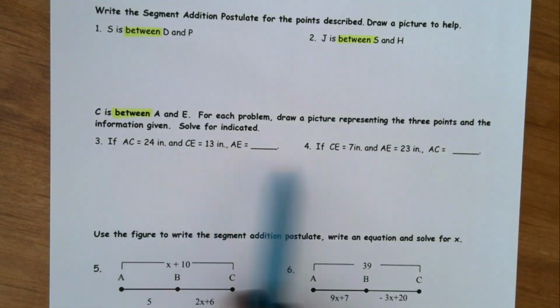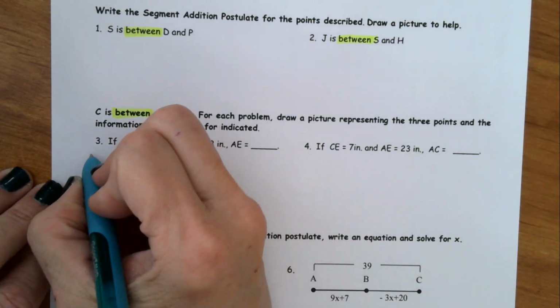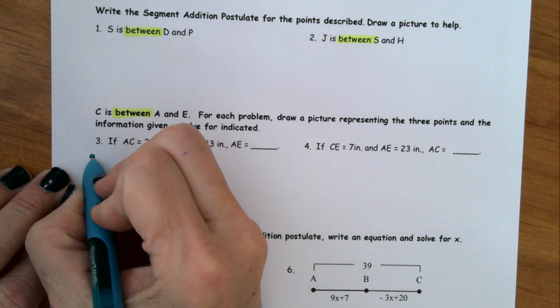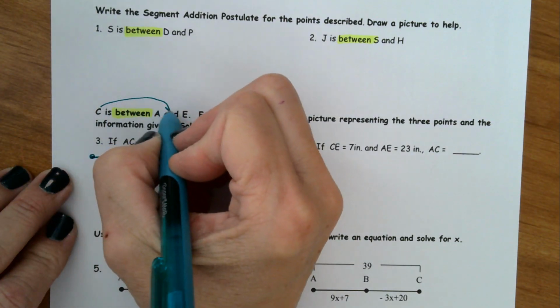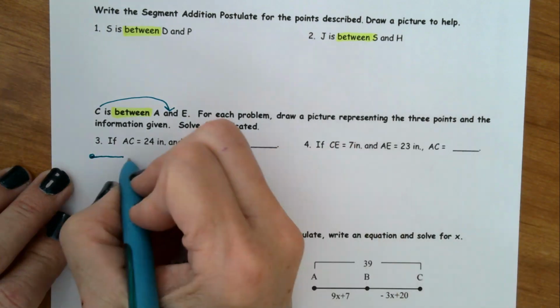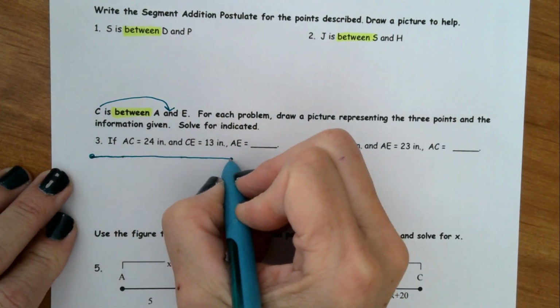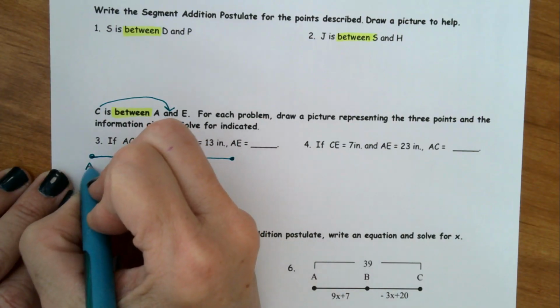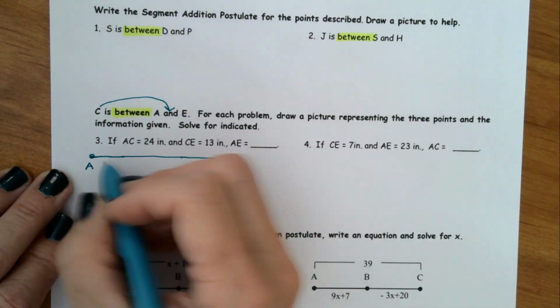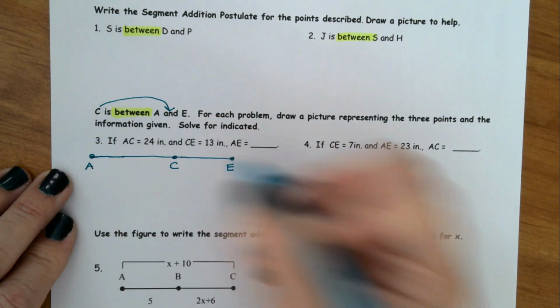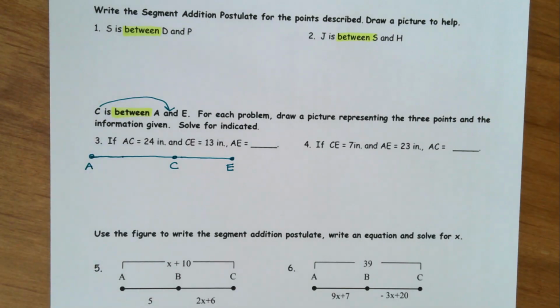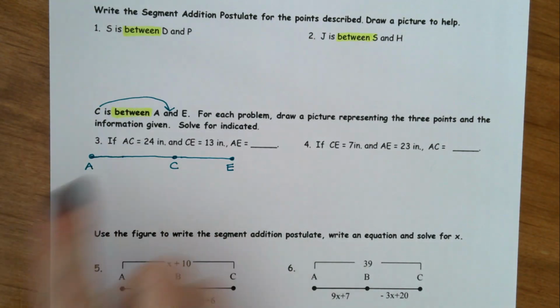You have to draw a picture. Here, I'm going to show you what it looks like. It says C is between A and E. That means right here. It's somewhere in that middle. So you write A here and E here, and then you put C anywhere you want.